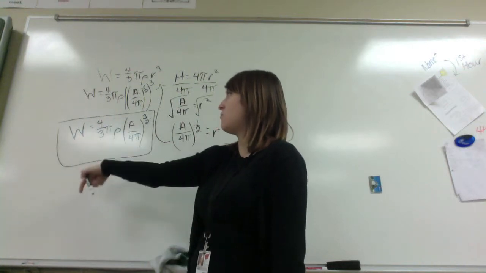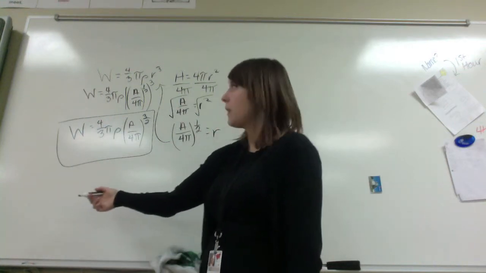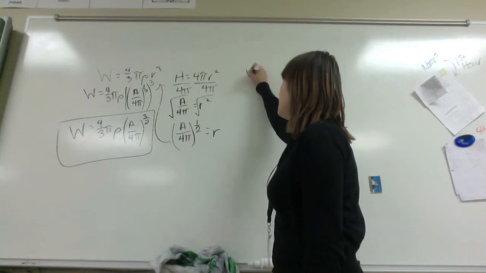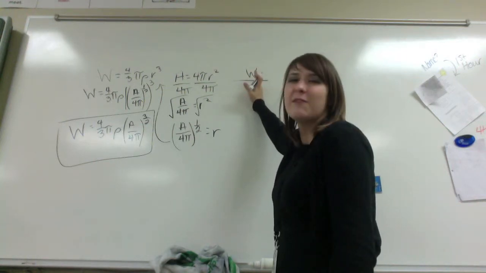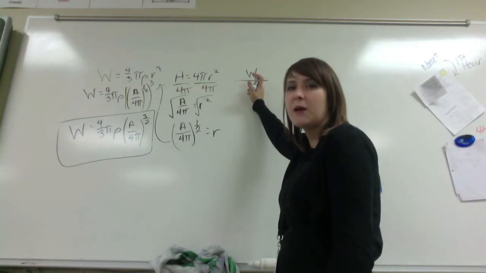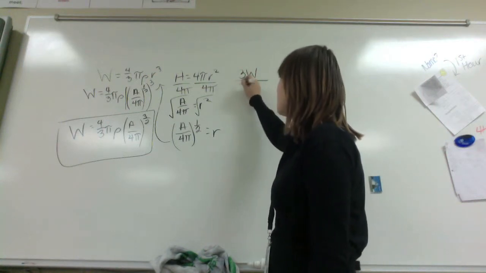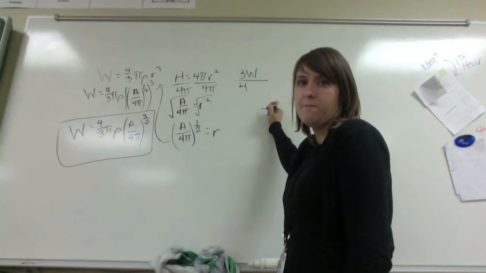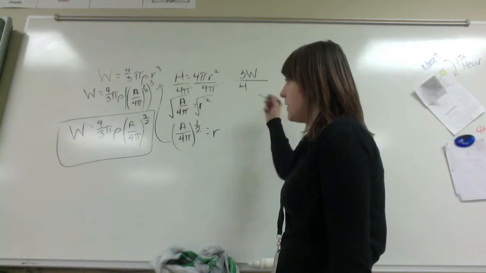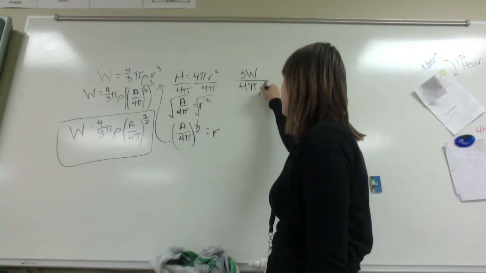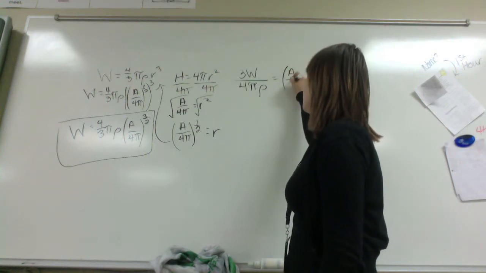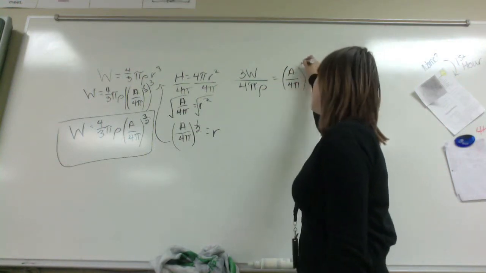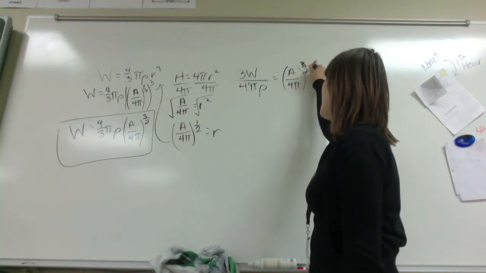So I'm going to divide by 4/3 pi rho. So I'll have W over, if I divide by 4/3, that's the same thing as multiplying by 3/4. So I'll just say 3 over 4 here. Okay, and then I'm dividing by pi, and I'm dividing by rho. And that equals A over 4 pi to the 3/2.